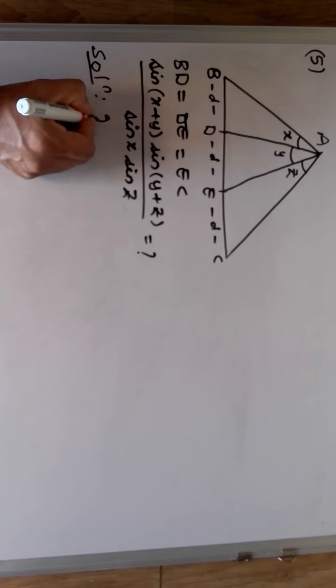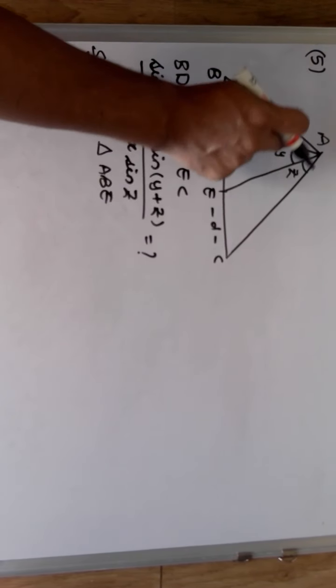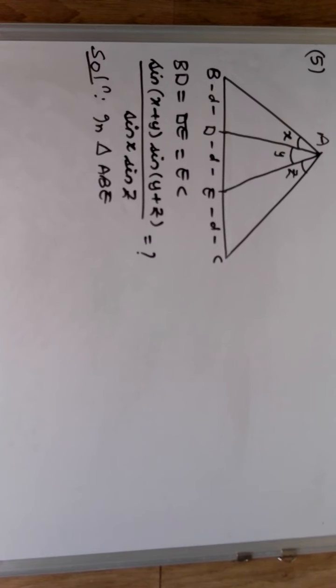Now if I want x plus y, that means I have to take triangle ABE. This is your x plus y, and sine I want, so I am using the sine rule.